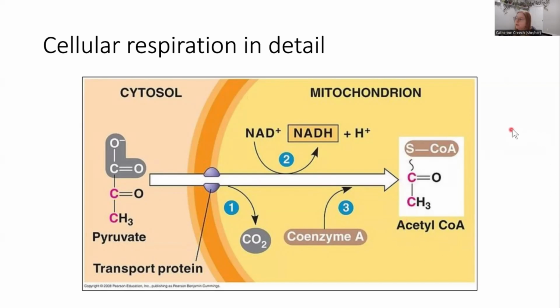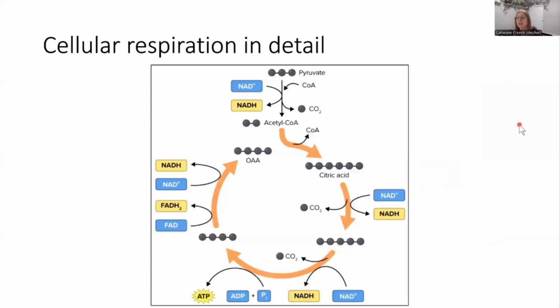Acetyl-CoA is the molecule that we are going to put into the next step, the citric acid cycle, also called the Krebs cycle. So here we have pyruvate, we have added this coenzyme A, we have removed a carbon, and we have removed electrons. We are left with acetyl-CoA, and now we get to start the citric acid cycle.